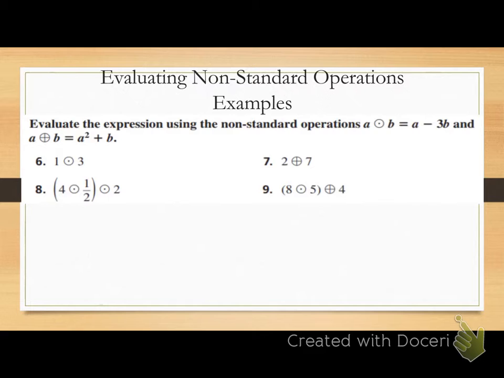Here we go. Here's some more examples. If you can't see it, I'll write it up on the board. Some of my other classes struggled to see these numbers.